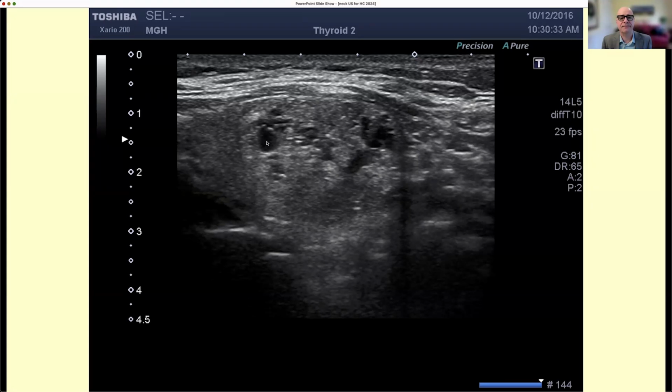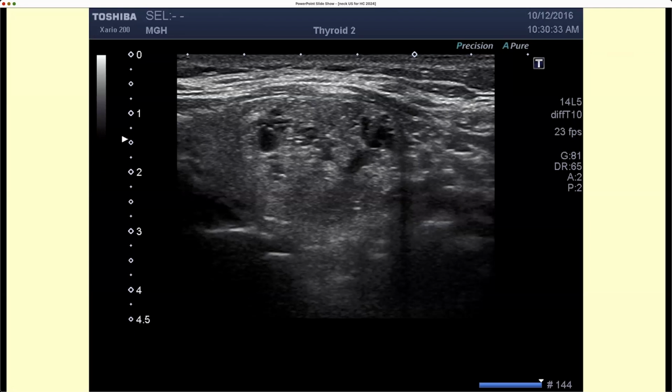It does have some cystic changes inside, so I'm not able to call it a spongiform nodule. But it does have some bright reflectors here. So the question: are these calcifications? Any takers, are these calcifications or are they not calcifications?